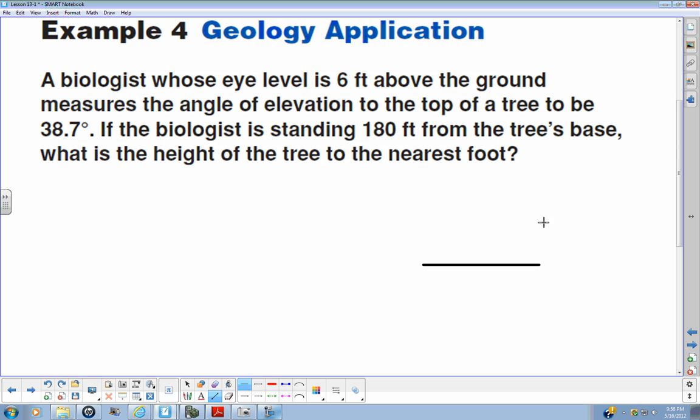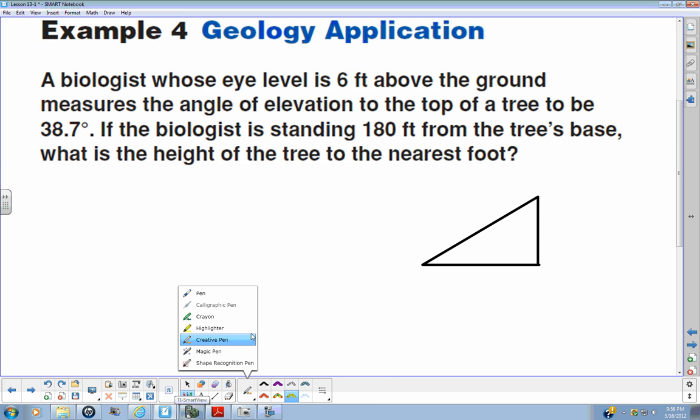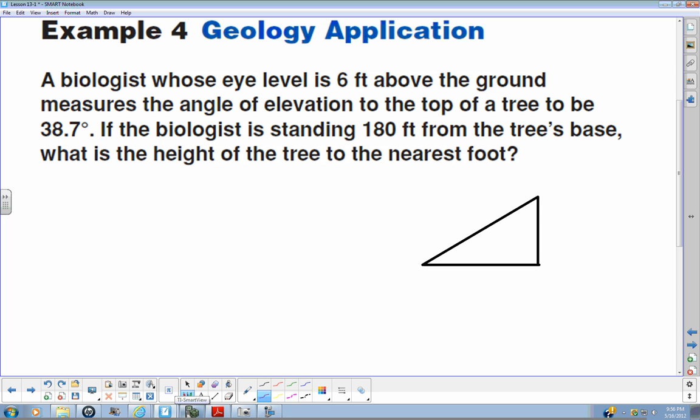So I have a right triangle here. And let me just get the triangle drawn here first. Okay, so there's my triangle. And it says that we have the biologist is standing 180 feet from a tree.